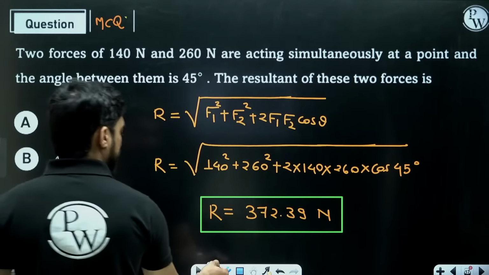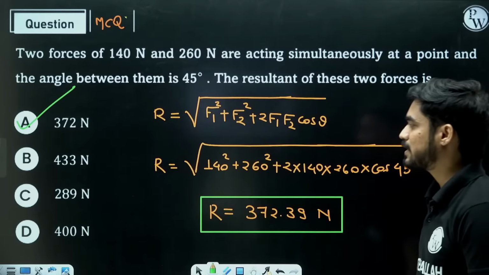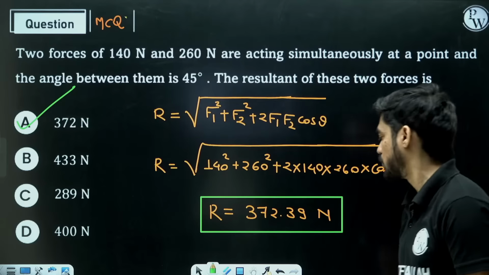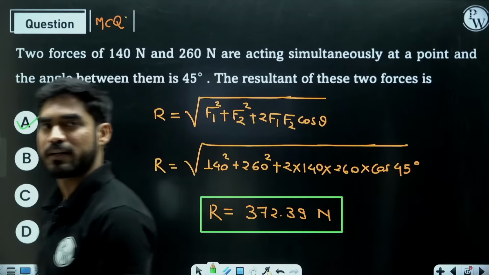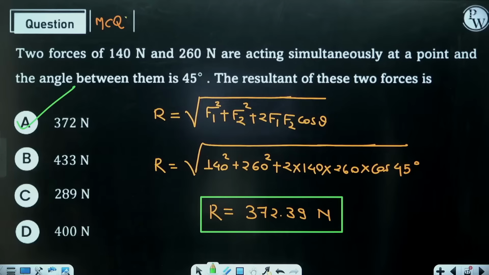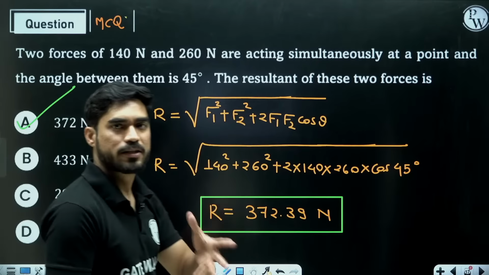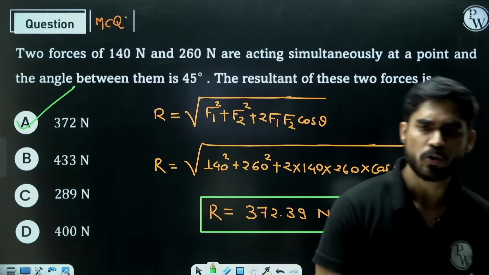It means the answer is A, right? The closest to my answer is A, 372 Newton. I hope everyone is getting this. Here they are not asking you to find the direction of this resultant, they are just asking you to find the magnitude, and the magnitude is around 372 Newton.